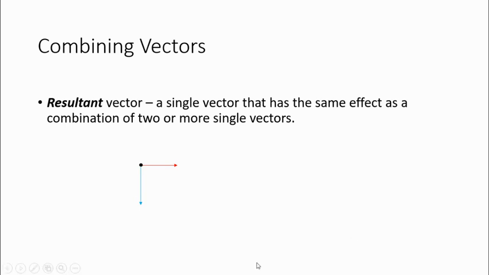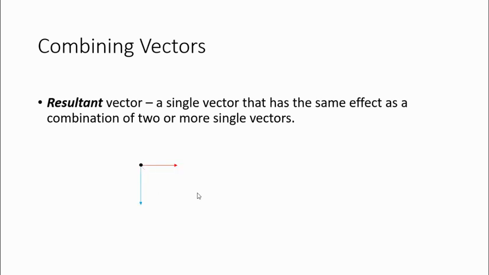So if we have two vectors here, these two arrows representing two vectors acting on a point object, when we find the resultant of those two vectors, what we're finding is one force that will have the same effect by itself as the other two forces that were there before.